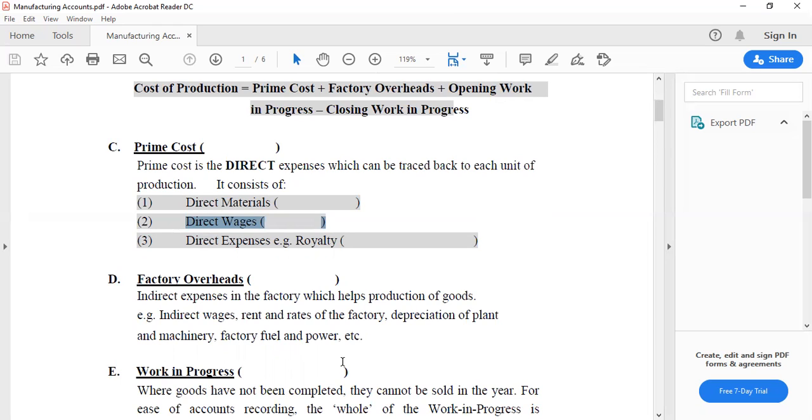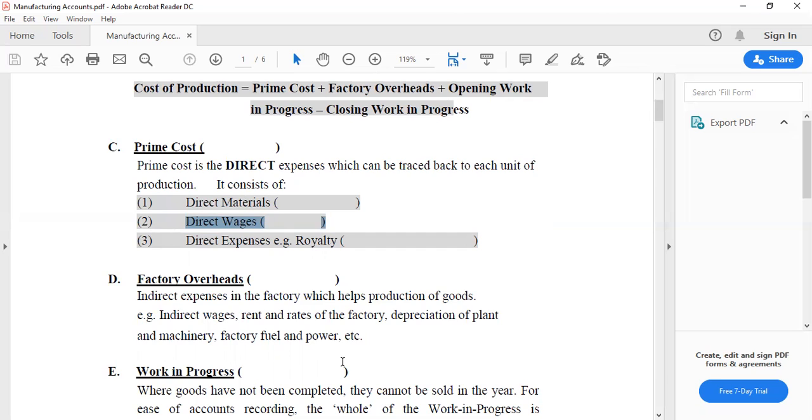But there's that other wage that may be paid in that organization. So the salary paid to the secretary. Can you easily tell where the input of the secretary is on that piece of chair or on that loaf of bread?